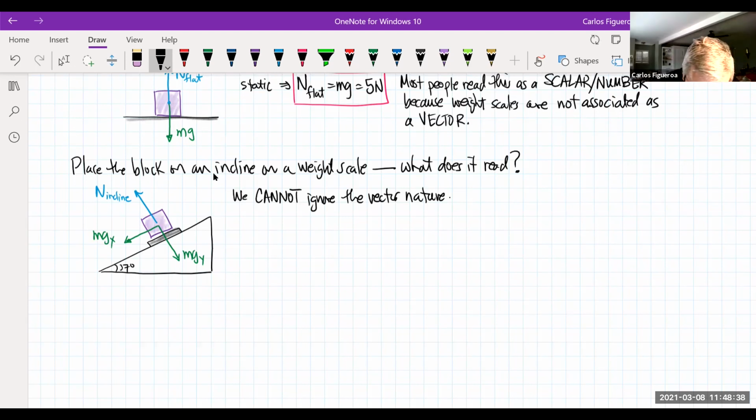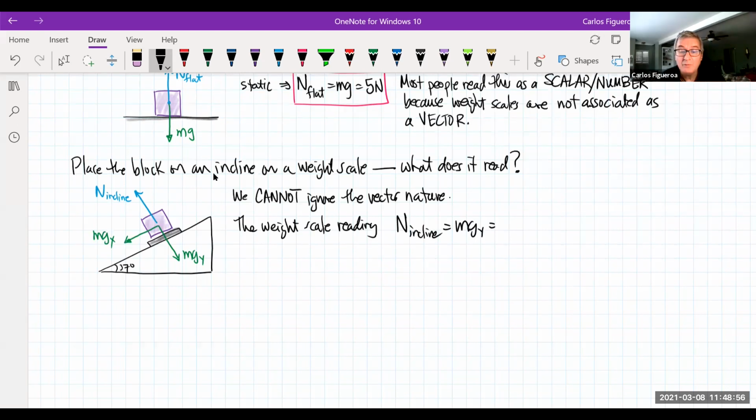So you could see here that the weight scale reading is going to be, the normal on the incline has to be mgy, but we already saw that mgy was 4 newtons. So this immediately tells us that N flat is not the same as N incline. The weight scale reading is different here.